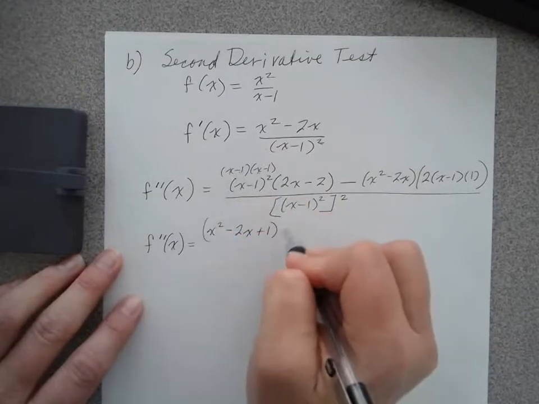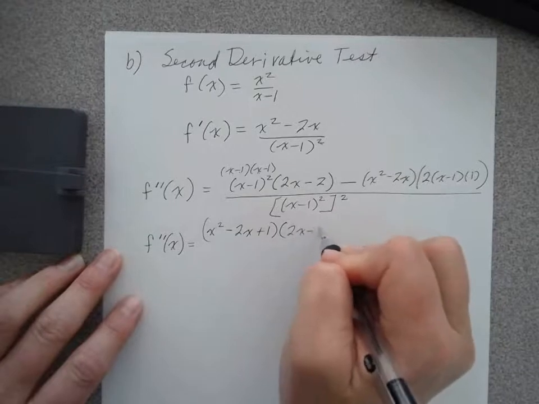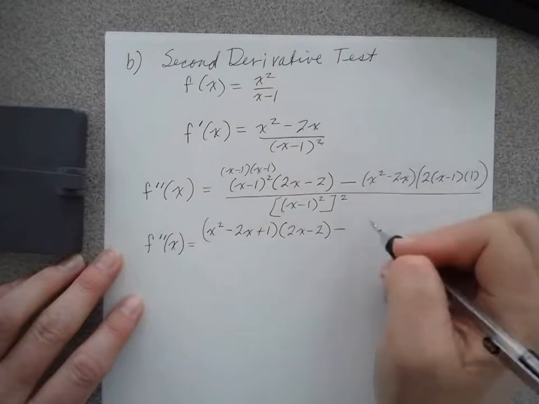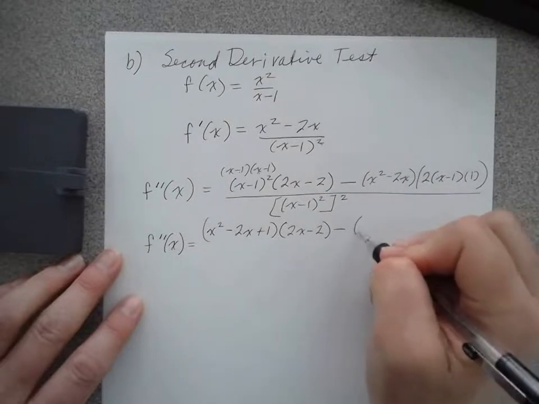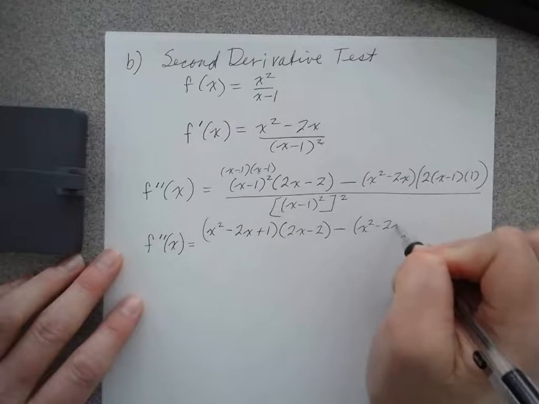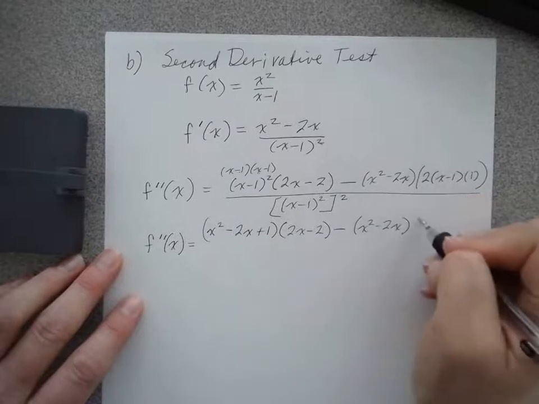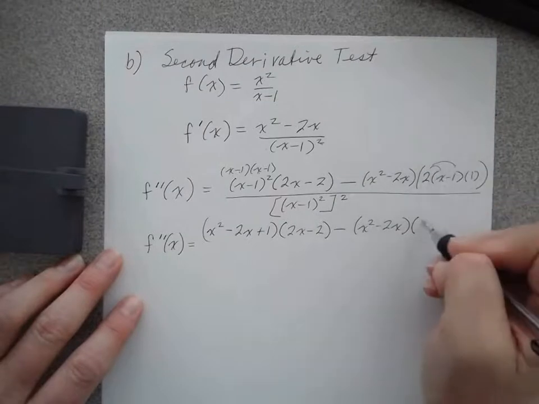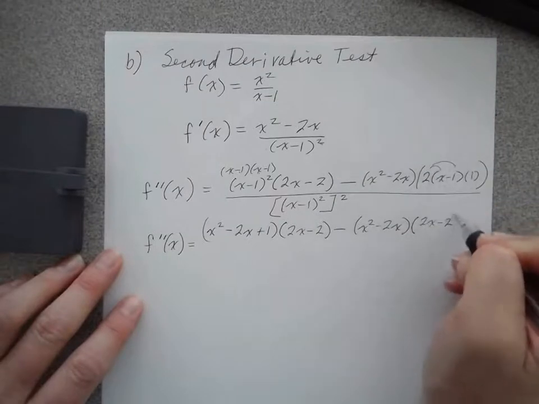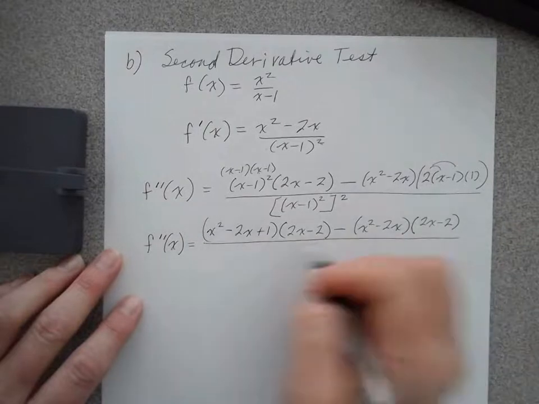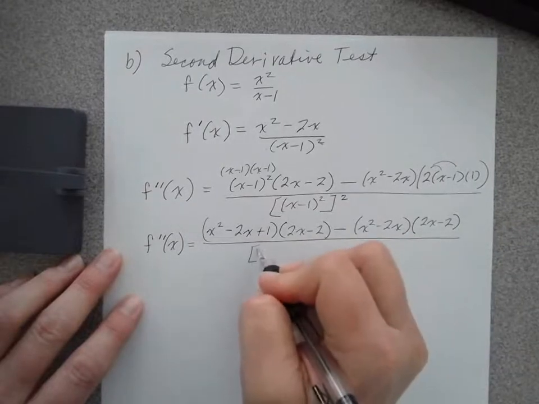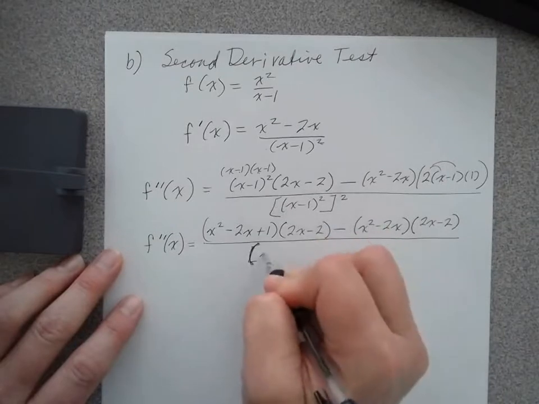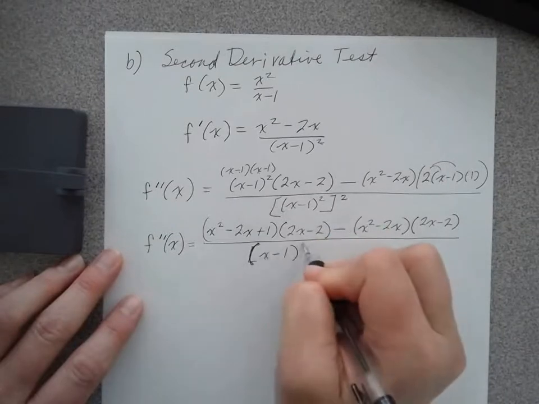And then we're going to take that and multiply it by 2x minus 2. And then minus, over here, we have x squared minus 2x, and then times, distribute this 2 through, so we get 2x minus 2. All over, since you're squaring a square, that's going to be x minus 1 to what power? To the 4th power.